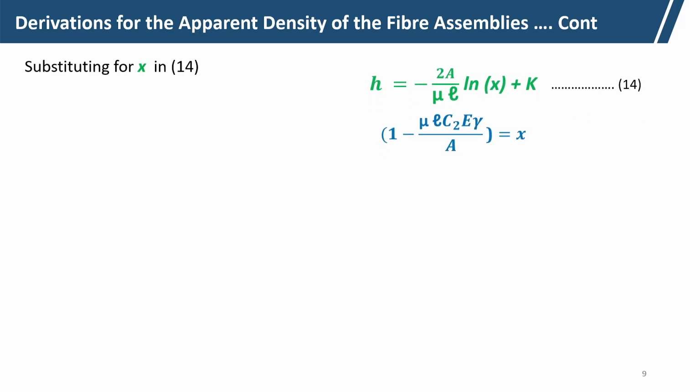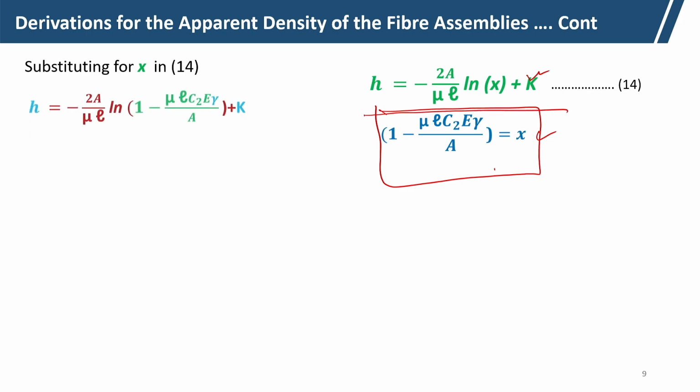Now, substituting x into 14, x we have assumed earlier in terms of gamma. So, this is relationship 14, and now we are trying to substitute x in 14.